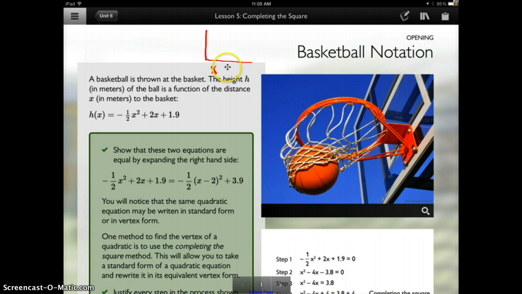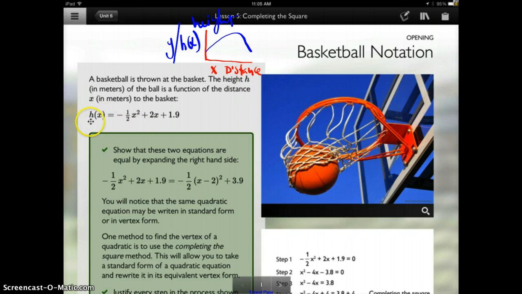This is x, distance, and this is y, or our h value, also called, in this case, h of x. We'll call this the height. Okay, and it's telling us the trajectory of the basketball. As the distance increases, the height goes up and the height comes down.